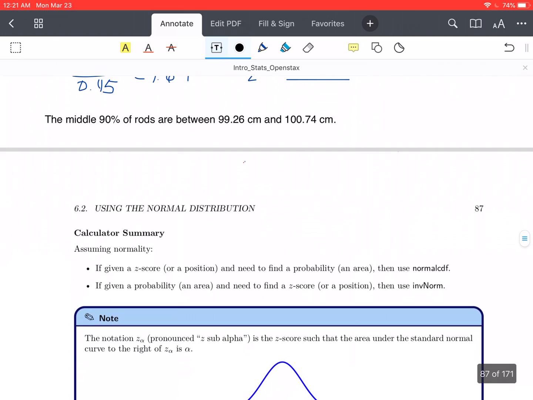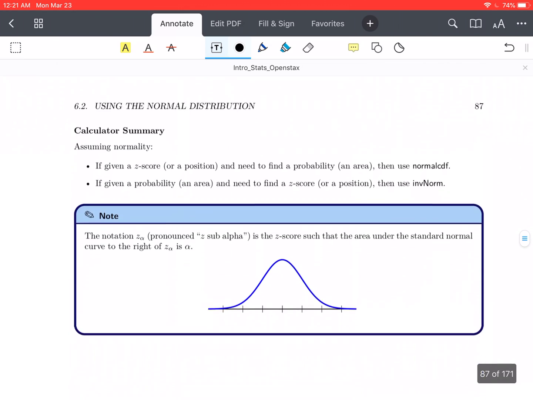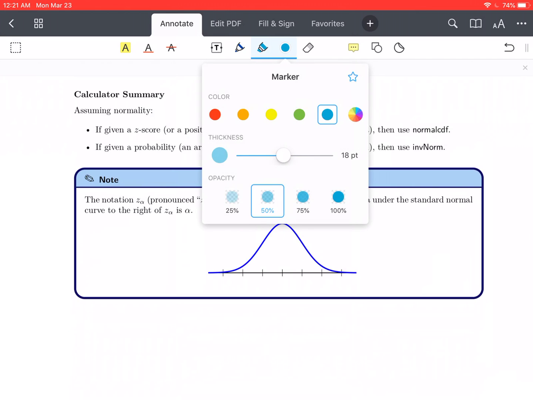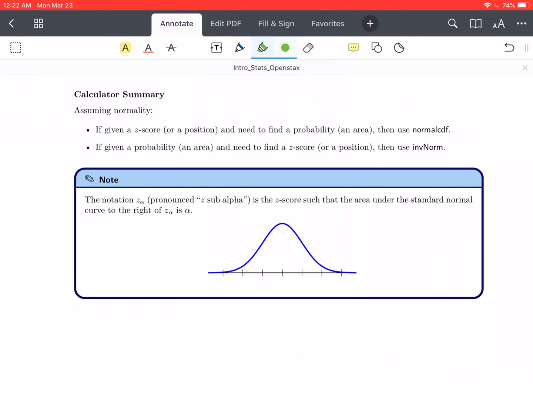And then the last thing here, we're looking at a bit of notation, the notation z sub alpha. Z sub alpha is the z-score such that the area under the standard normal curve to the right of z sub alpha is alpha.